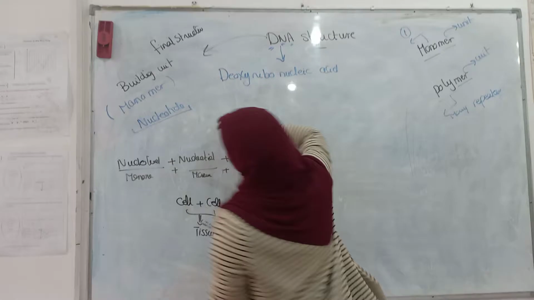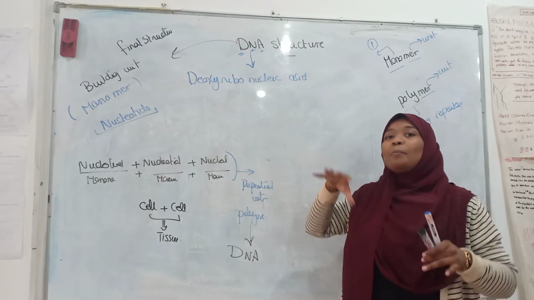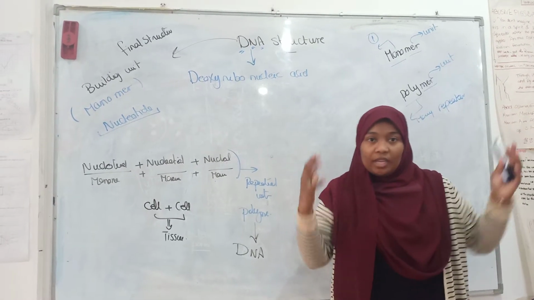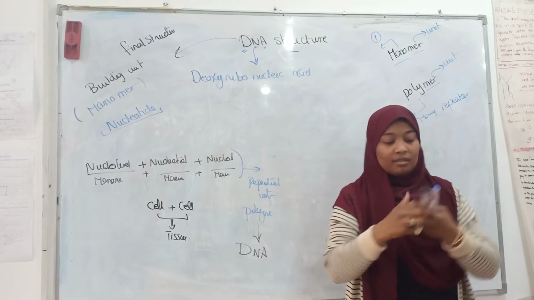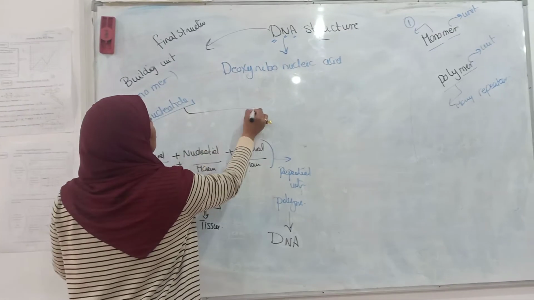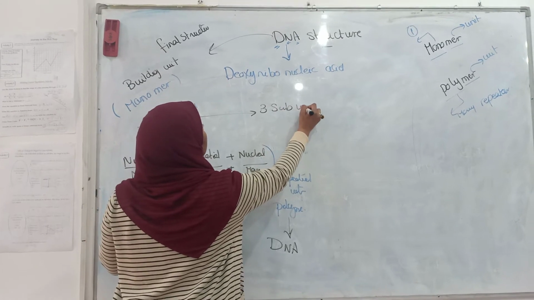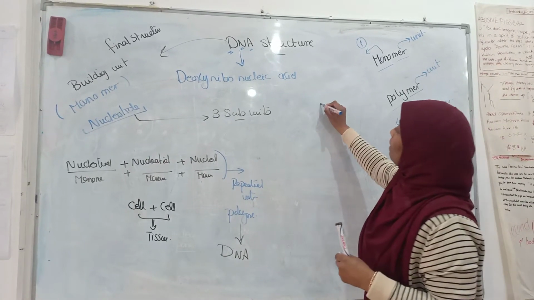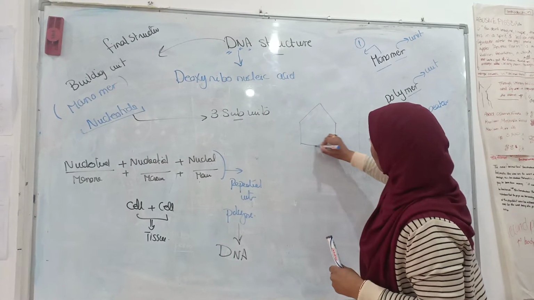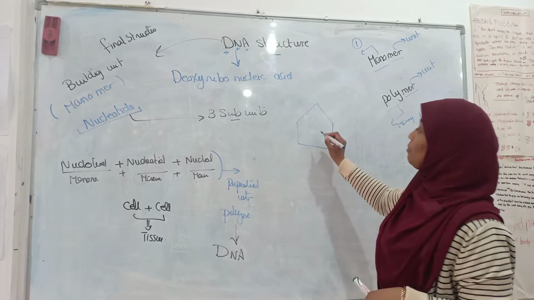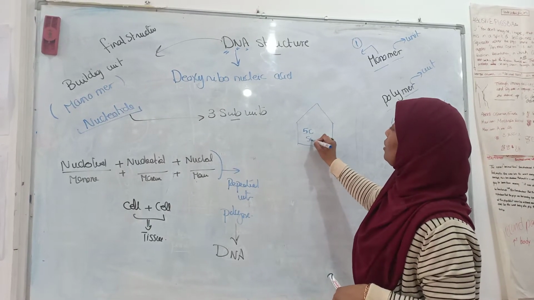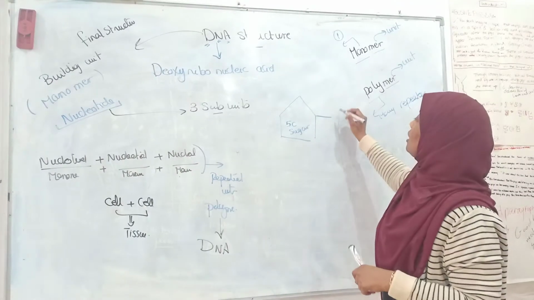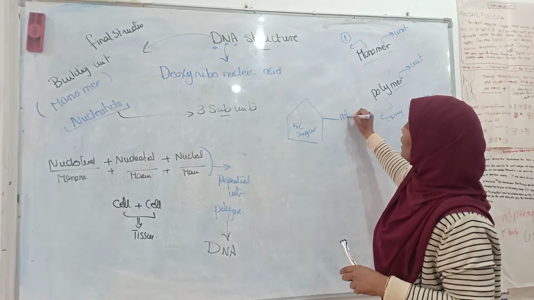This nucleotide, this building block, is formed of some subunits. Yes, it's the building unit, but it's formed of 3 other units working together to make this one entity. So, nucleotide is formed of 3 subunits. Those 3 subunits look like this. 1, 2, 3, 4, 5, and this is the sugar. 5 carbon sugar. At one side, the 3' side is attached to a nitrogenous base.